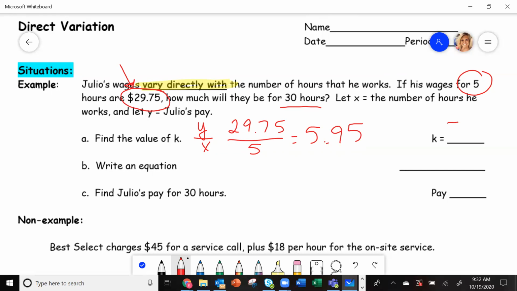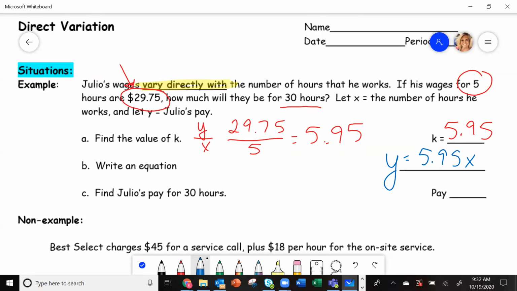So that is my K value. When it wants you to write the equation, it'll be y equals 5.95x. That's my equation.